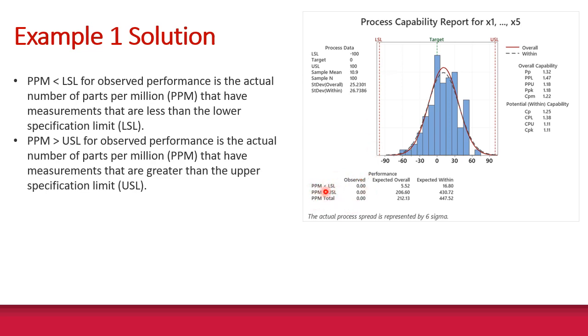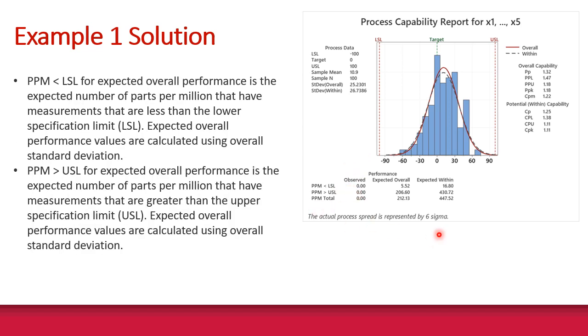So that would be the parts per million that fell below the minus 100. We didn't have any of those, so that's 0 there. That's what we observed. And same thing for parts per million above the upper specification limit. And the total is simply the addition of these two numbers here. So that's the observed column.